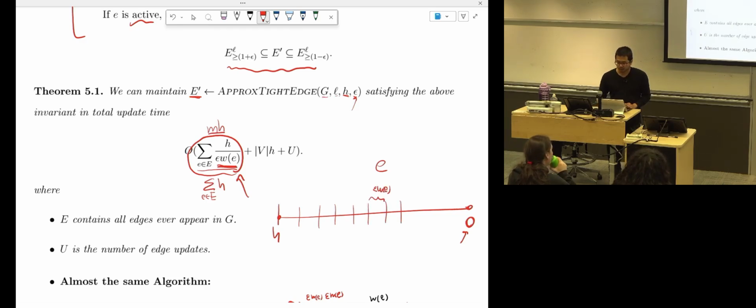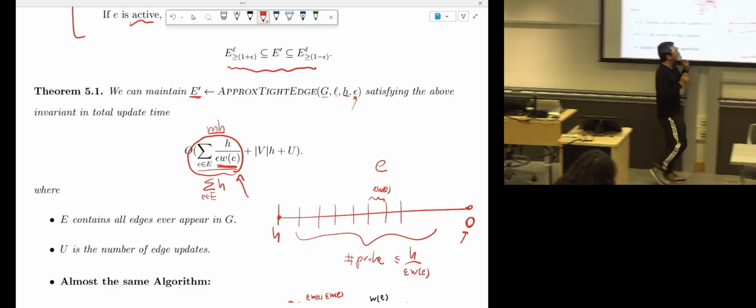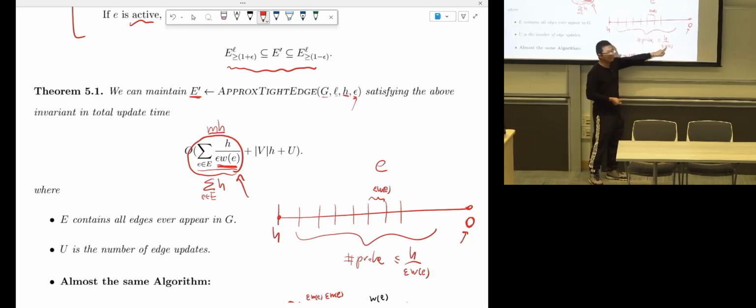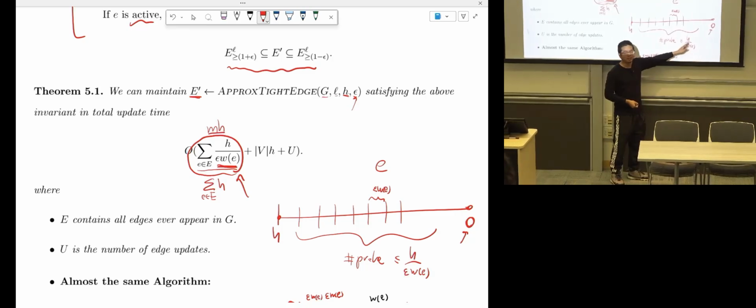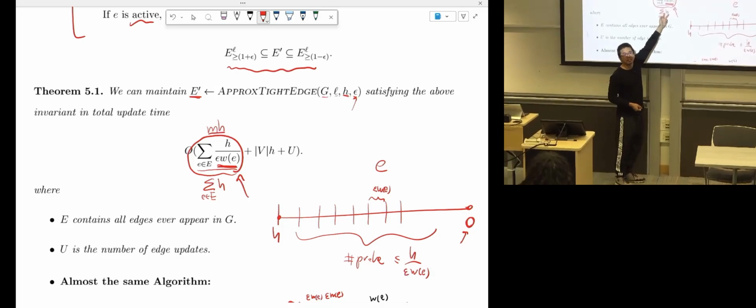So the number of probes is at most H over epsilon of the weight. Okay. So for each edge we're just gonna spend time to probe it this many times. So this is just the total time to probe all edges.